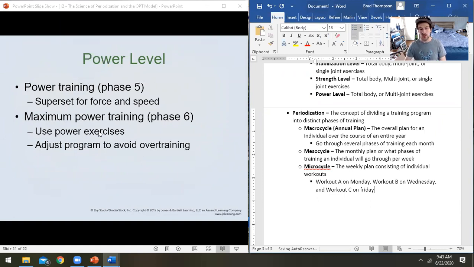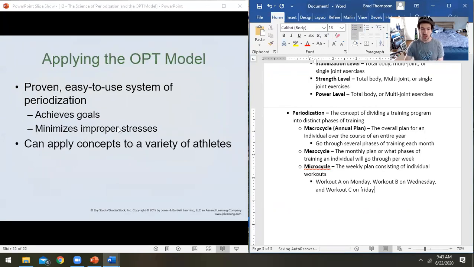So we want to adjust our program accordingly, because this is the highest intensity stuff that we've got. This is where it is super explosive, super intense, and we want to make sure that we don't overtrain our athletes. So in the end, the OPT model is a proven, super easy to use system, and it allows you to apply stress specifically.